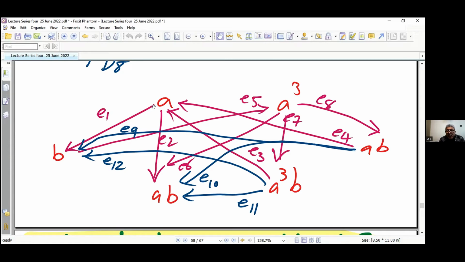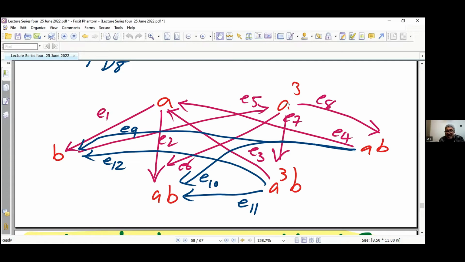E1 and E4, again, we will have -1. E1 and E5, again, -1, right? E1 and E6: there is no intersection, so E1 and E6 is 0. E1 and E7.